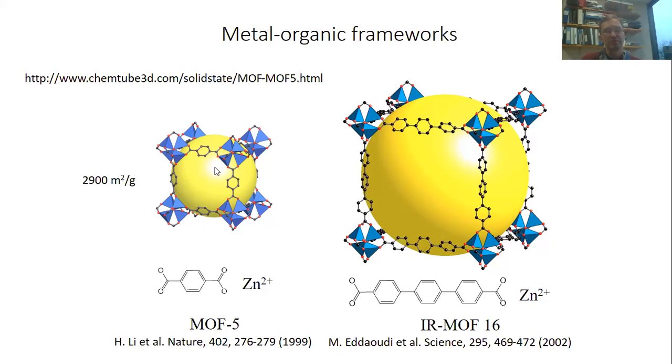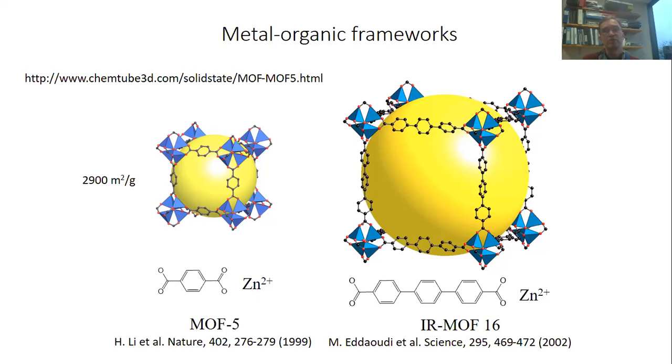The first porous metal organic frameworks were discovered in the early 90s, and the principle behind metal organic frameworks is to interlink simple metal ions, for example, zinc, with rigid organic anions, whereby these rigid organic anions then act as spacers in between the zinc ions, producing porous frameworks.